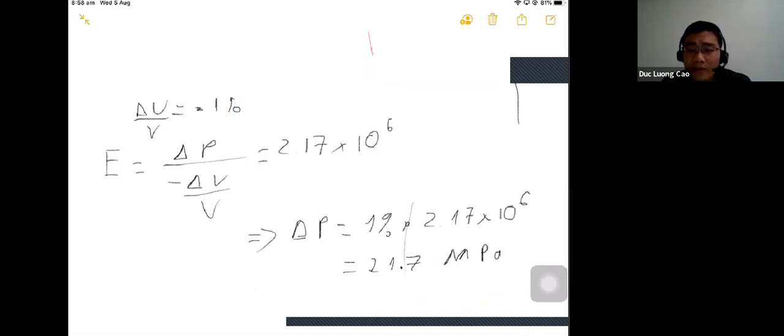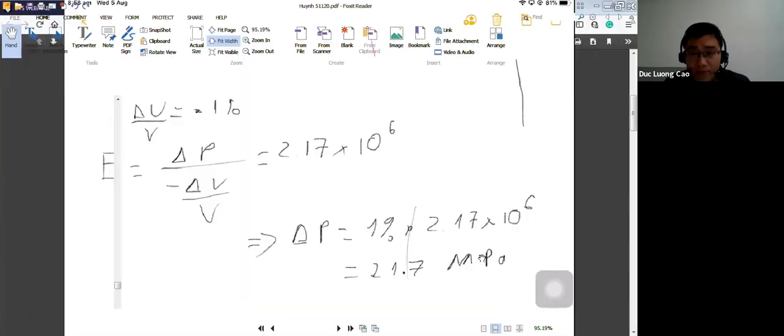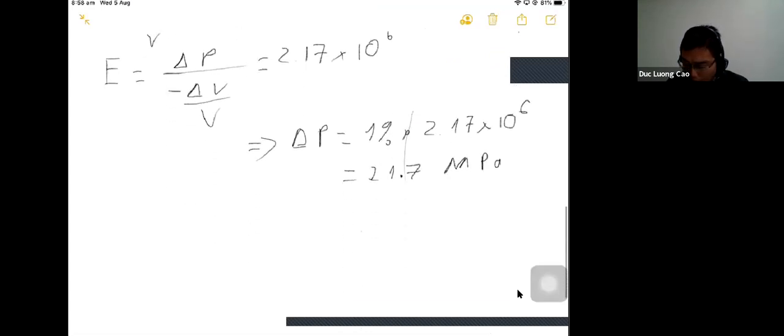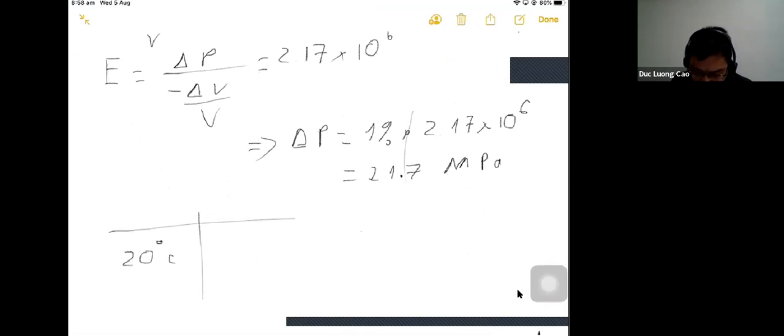Can you see in the table? In the table, at 20 Celsius, you have elasticity times 10 to the minus 6 equal to 2.17.